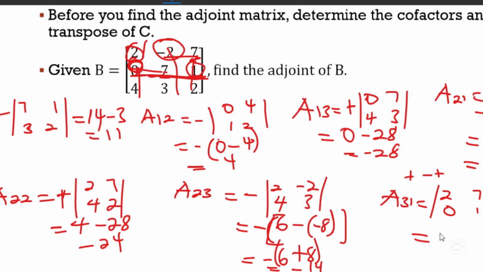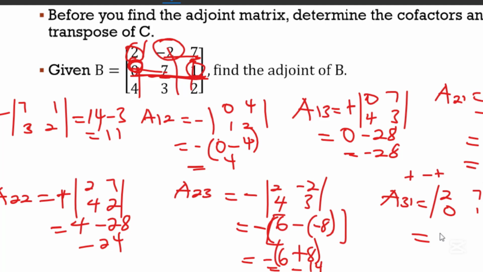Okay, now let's find A32. So let's go back here. A32 is this. So we delete all elements in its row and column, and we are left with 2, 7, 0, 1. So this is minus. Yes, so we are on the second one.